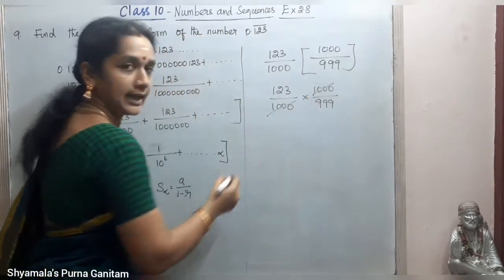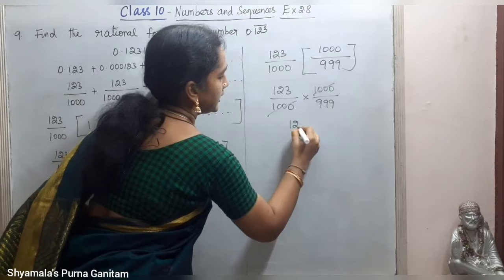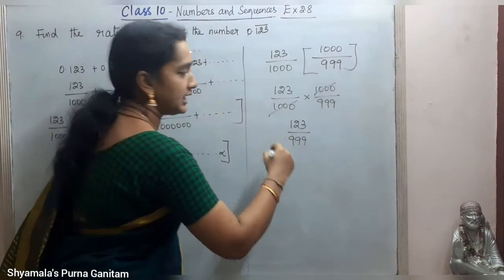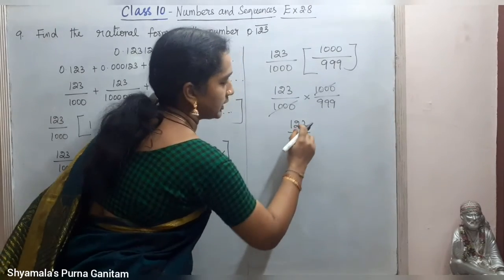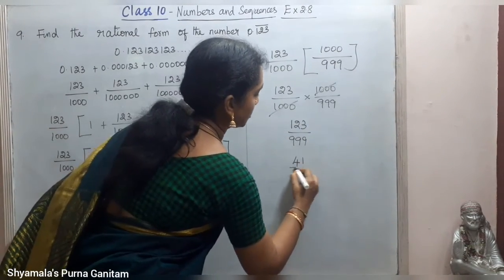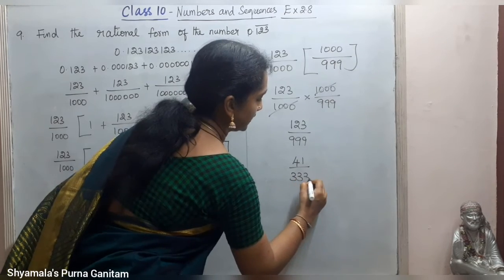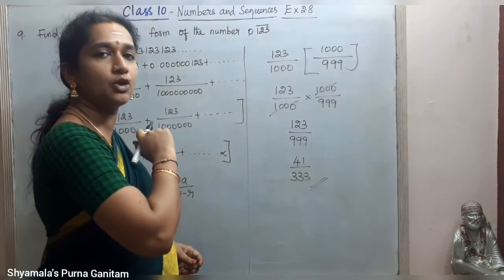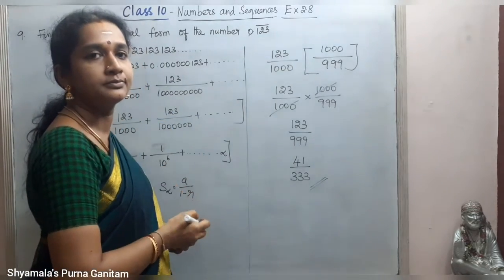This can be cancelled, so we get 123 by 999. Again, both are multiples of 3, so when we simplify, 41 by 333. So this is the rational form of the given number 0.123 recurring.